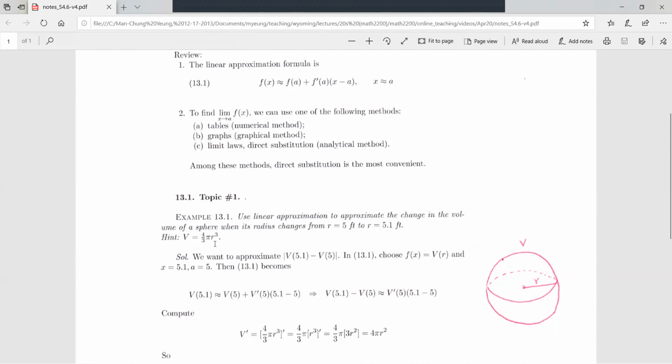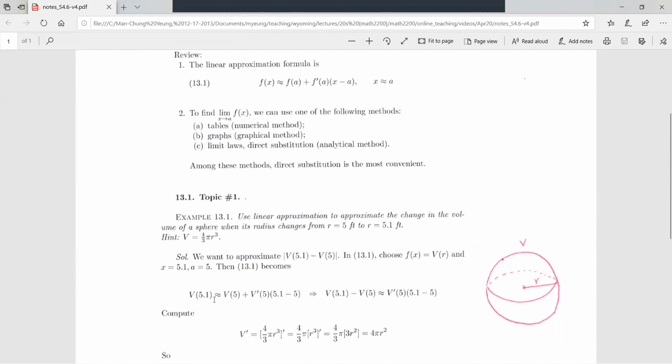Volume depends on R, so volume is a function of R. So for f, we choose V of R as the function f. Now for the point X, we choose 5.1 for X and 5 for A.